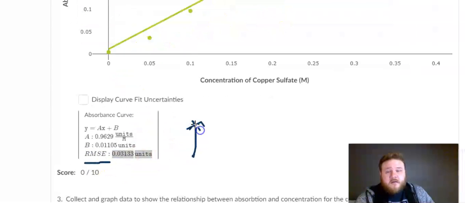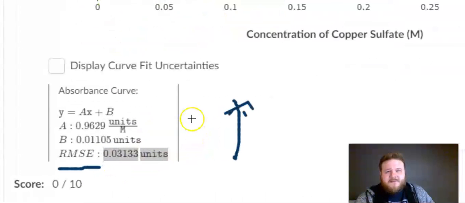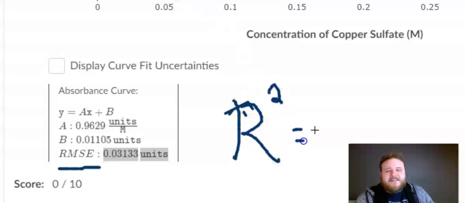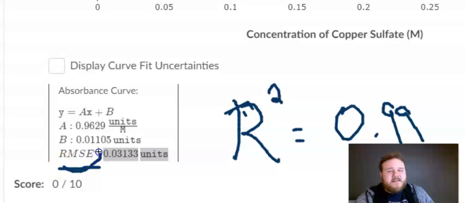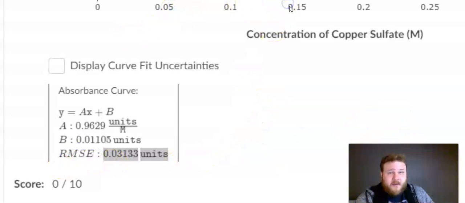With R squared, you want it to be as close to 1 as possible, usually like 0.9999. But with RMSE, you want it to be as close to 0. Here's the thing, you don't really have to worry about that, okay? But you will see that in higher level classes, so it's important to know.